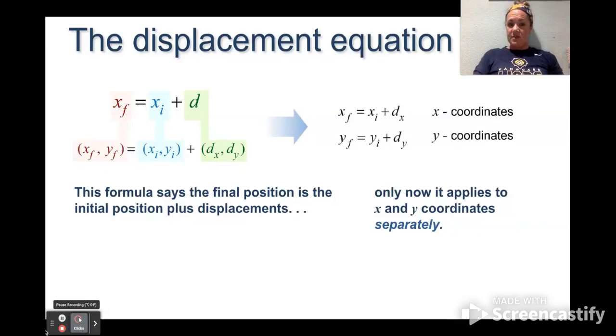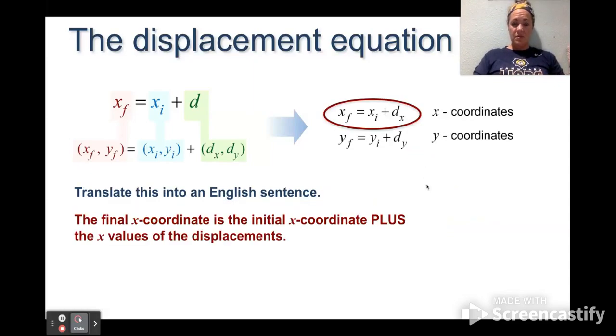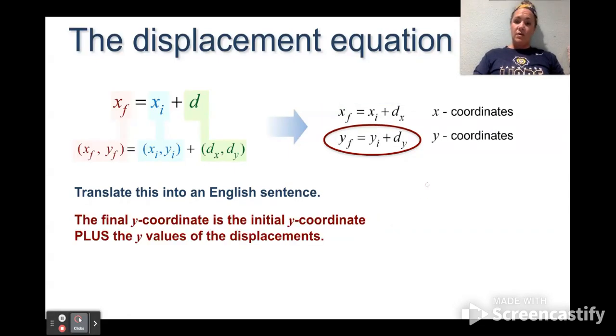This is the same formula, though you really can run it together. This formula says that the final position is the initial position plus the displacement, but it says it for a coordinate. Now it applies to x and y coordinates separately. So you can add those together, but really solving the problem is going to happen separately. So you want to pull those all apart. You'll see that the final x coordinate is the initial x coordinate plus the x values of displacement. And then the final y coordinate is the initial y coordinate plus the y values of displacement.